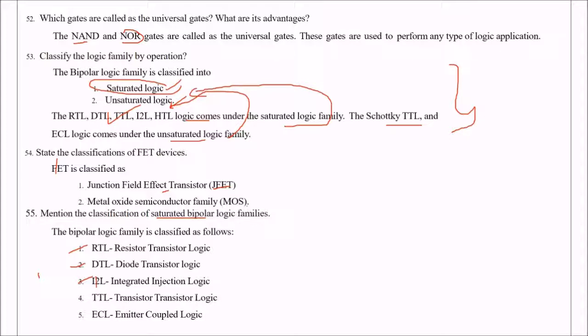ECL is emitter coupled logic. Next is mention the different IC packages. Dual in line package, DIP. Leadless chip carrier, LCC. Plastic leaded chip carrier, PLCC. Plastic quad flat pack, PQFP. Pin grid array, PGA.